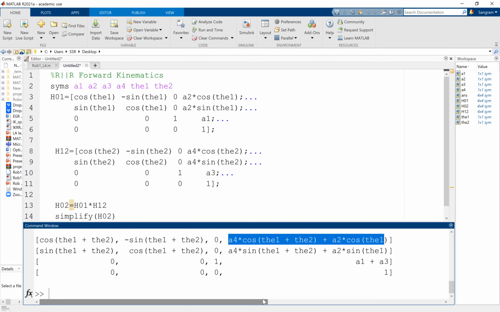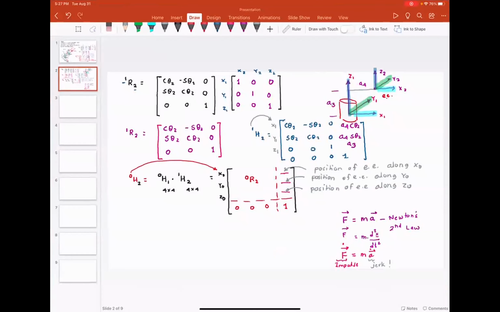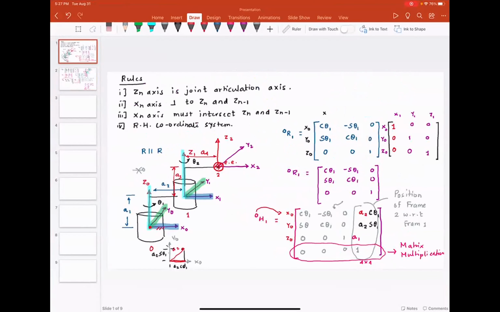And here is what we have to begin with. I want you to look at this figure and think about something: if I were to look at this robot in the top view, what would I see?